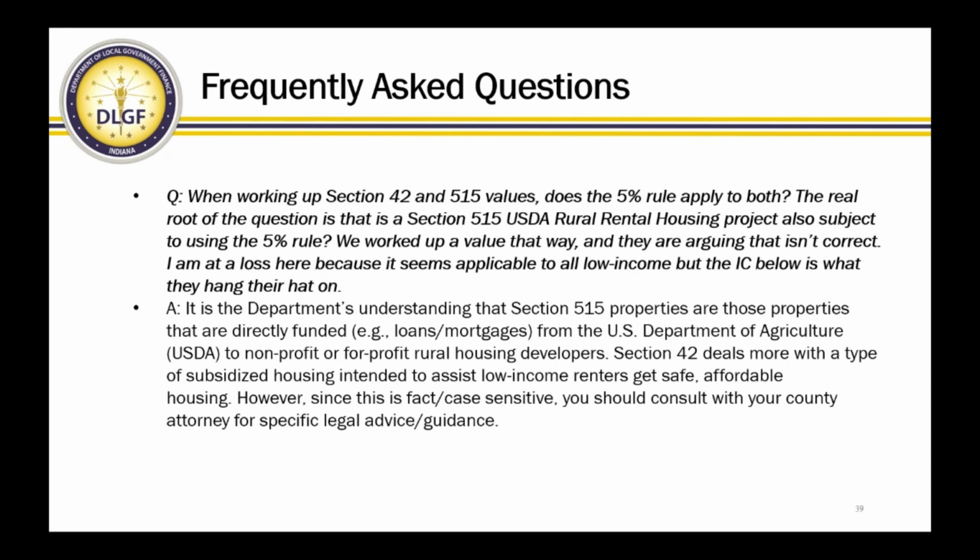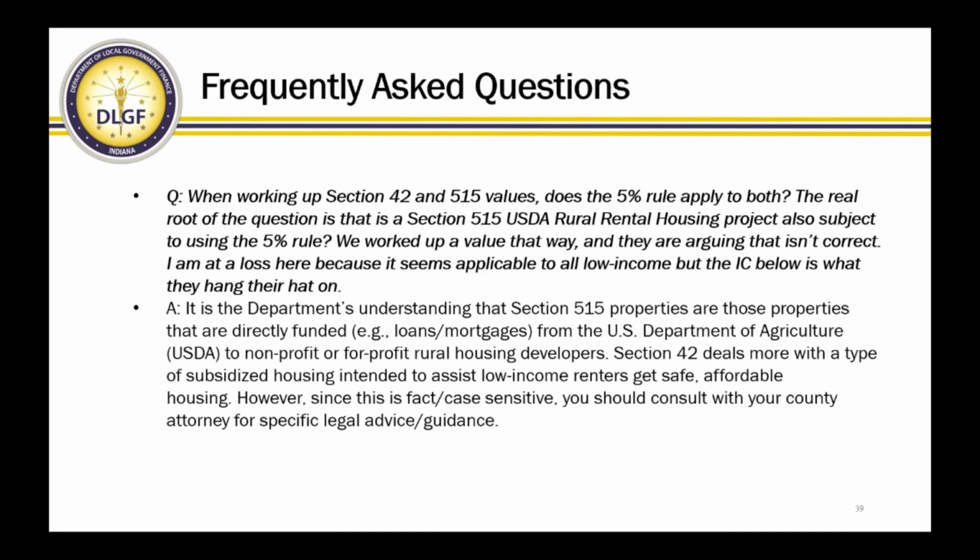When working up Section 42 and 515 values, does the 5% rule apply to both? The real root of the question is whether a Section 515 USDA rural rental housing project is also subject to using the 5% rule. We worked up the value that way, and they are arguing that it isn't correct. I'm at a loss here because it seems applicable to all low income, but the IC below is what they hang their hat on.